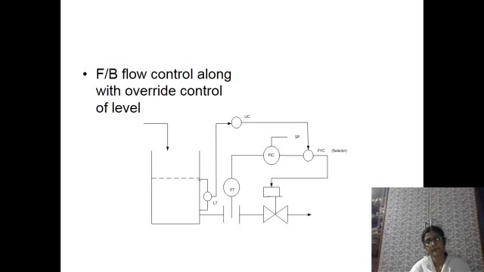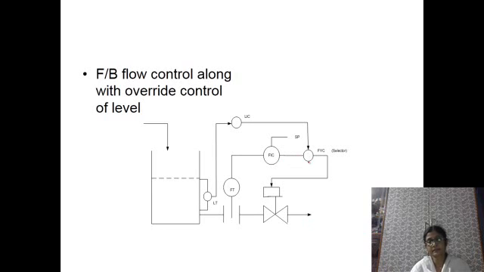Say, when the level goes beyond the upper set value, what will happen? The pressure at this column will change. Accordingly, the flow rate will be changed. So, in turn, the path will get closer and the flow rate will decrease.